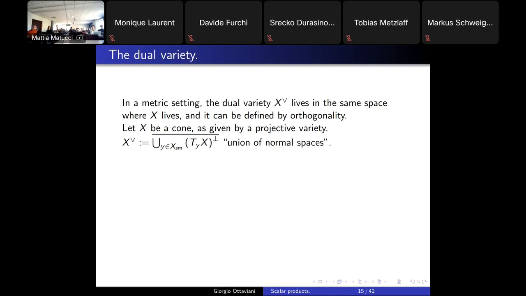So you start from a cone, and the dual, be careful, is the union of the normals to the tangent spaces. This has to be defined for cones, so maybe let's do a picture, which otherwise looks confusing.